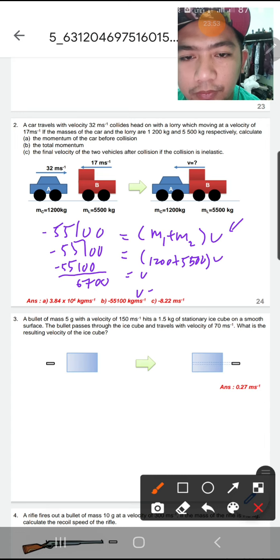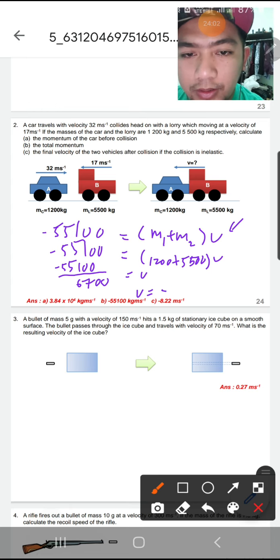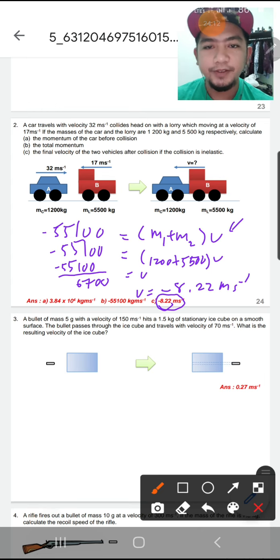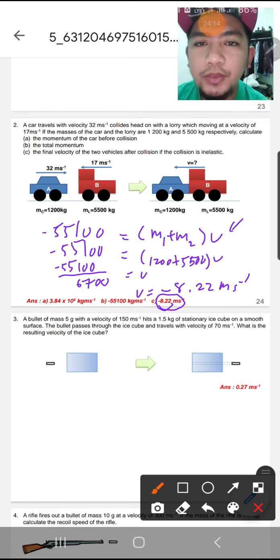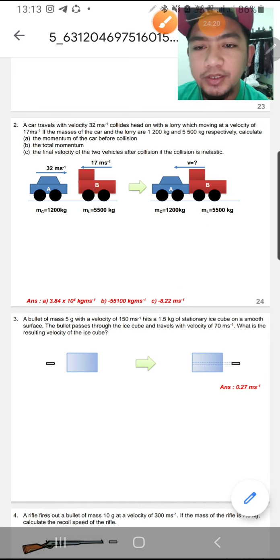So you will get V equal to negative 8.22 meter per second. So same as this answer. Alright. So actually easy, easy when you understand the question and the situation. Okay. Next question, next example.